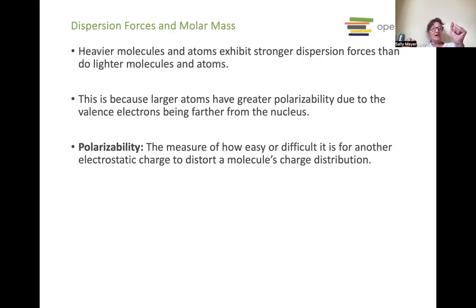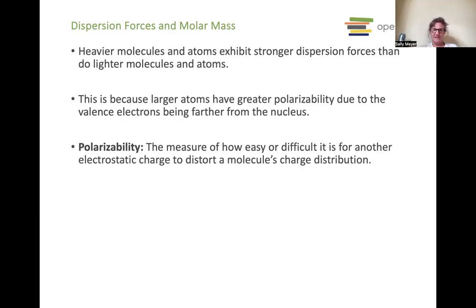But if you allow the helium to see a charge someplace, its electrons are held really tight because it's a very small atom, and so it's going to be harder to slightly polarize it, to make one end positive or negative. Whereas if you look at the xenon, the electron cloud is much, much bigger. And so if there's a slight electric charge someplace, it's going to be easier to distort the electron cloud around xenon because those electrons aren't held so tightly to the nucleus. So the larger atom would have stronger dispersion forces because it's easier to polarize.